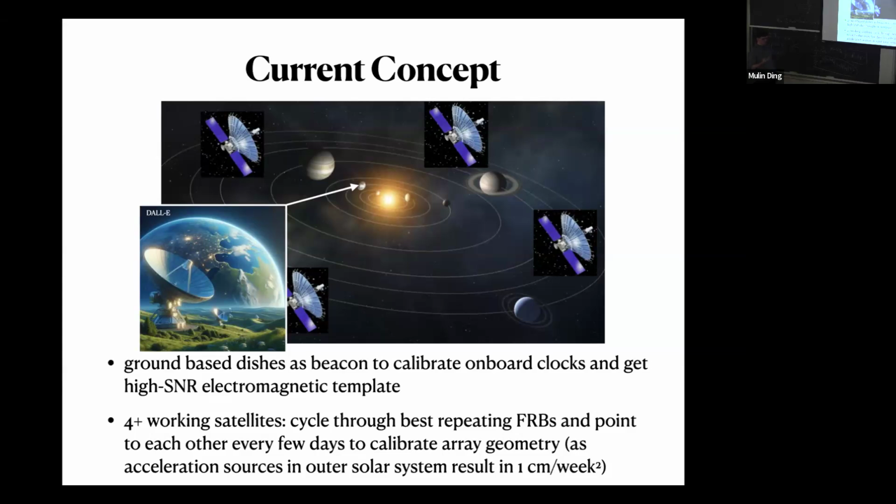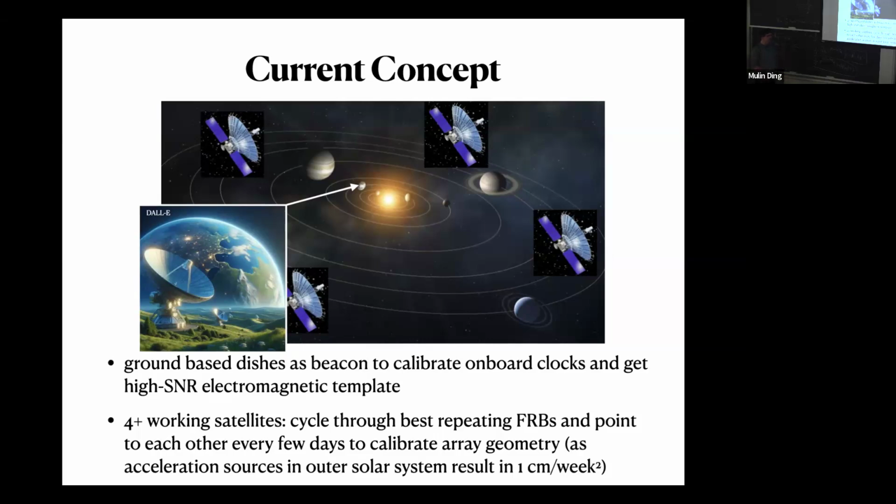Turns out those clocks aren't that much more precise than the atomic clocks on GPS satellites. The satellites have to point to each other and measure their distance to calibrate their array geometry. They would have to do this every several days, because there are many ways the satellites are being accelerated in the outer solar system: from the solar wind, from the sun varying with time, from dust striking the satellites, from the satellites being charged, and Lorentz forces as they move through magnetic fields.